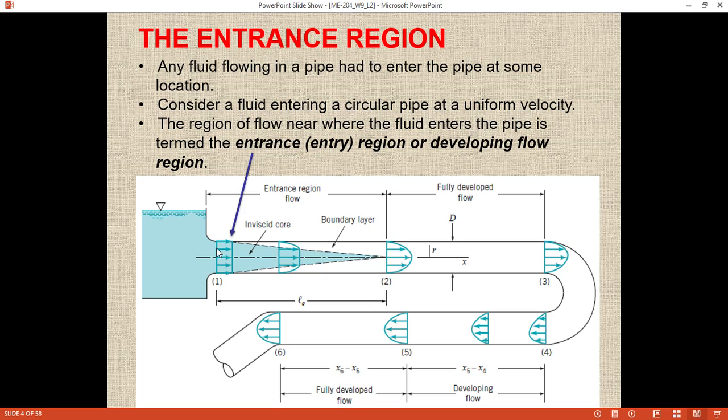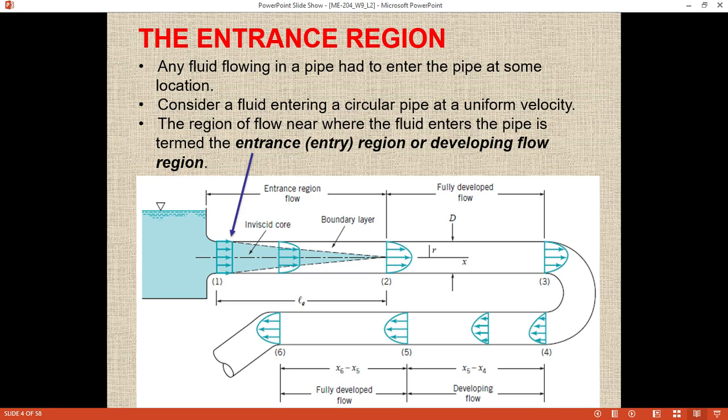Let me give you an example. Whenever we have a large reservoir, just like you can consider the air velocity in space, we consider that every single particle of the air has a uniform velocity, the same as the fluid flowing in a river or in a sea.